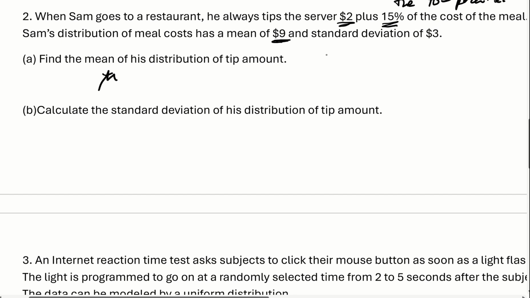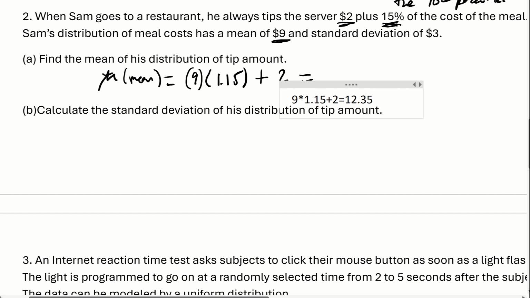So the mu is going to be the $9 times 1.15. All right, so that's 15% of the cost, so it's a 15% increase. So it's 1.15 plus $2. All right, and so we'll do the calculation, see what we get. So you get about $12.35.